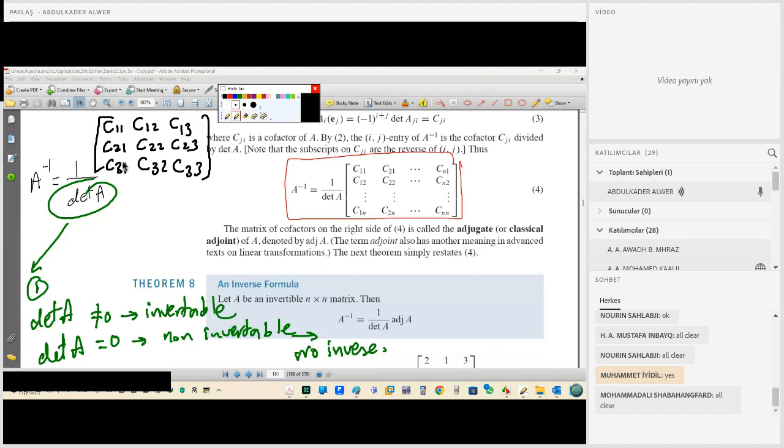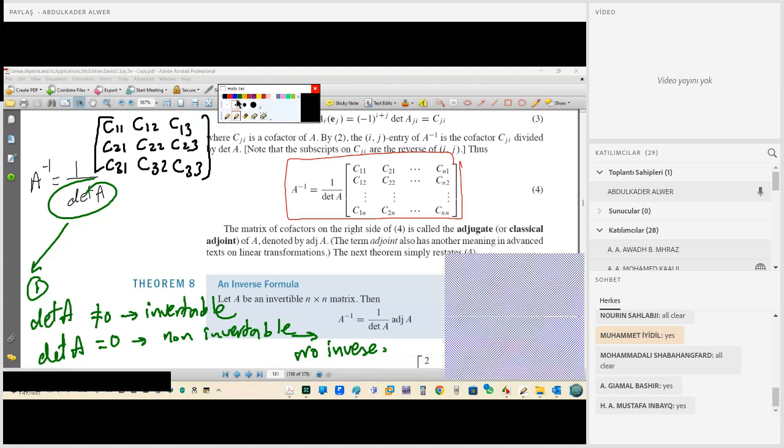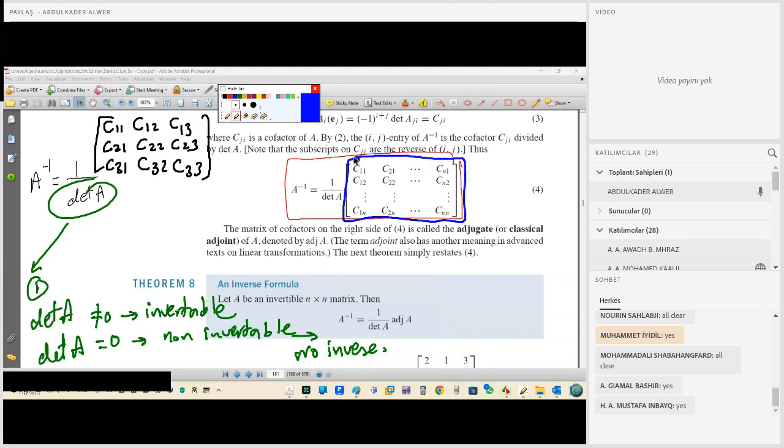This is the matrix. Is it clear? See here, we can write it as C transpose: C11, C12, C1n.